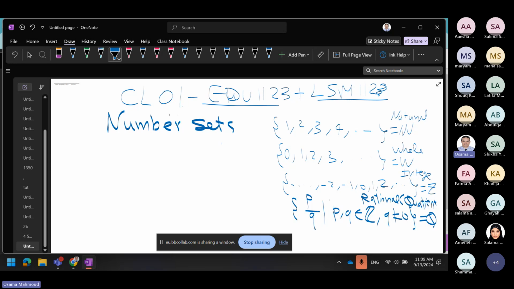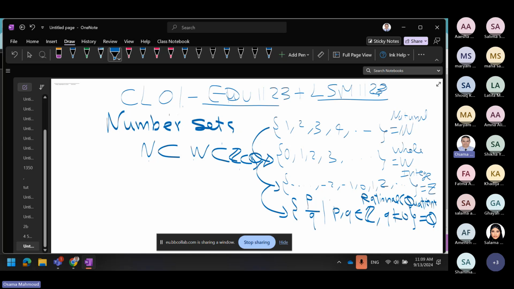So as you see, N is a subset of W, W is a subset of Z, and Z is a subset of Q. So any natural number will be rational, any whole number will be rational, any integer will be rational, right?